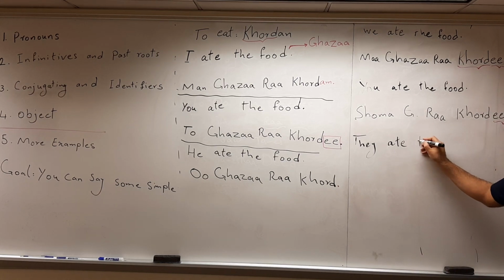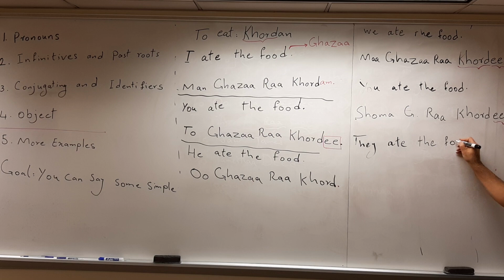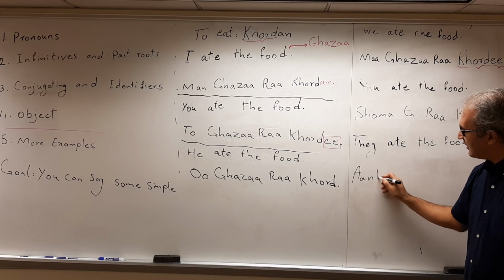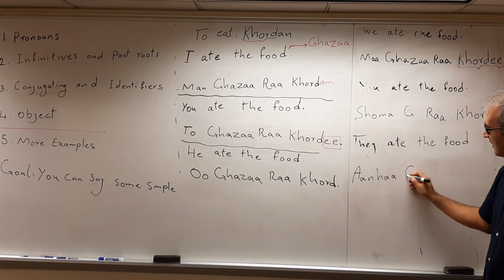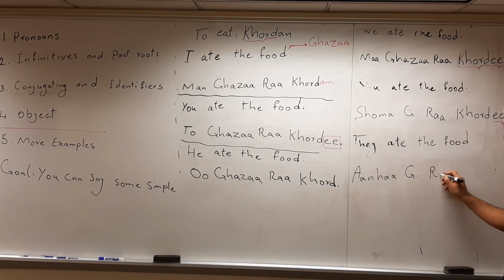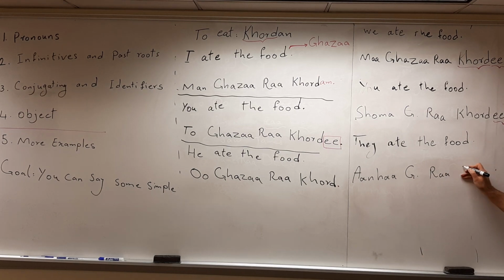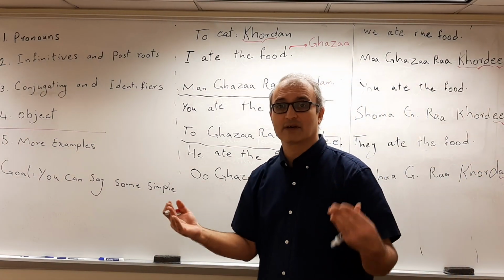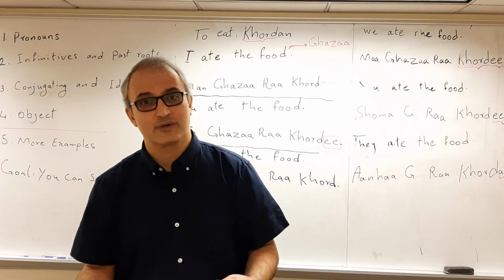They ate the food. You have to say آنها غذا را خوردند. And is the identifier for آنها, for they. آنها غذا را خوردند.